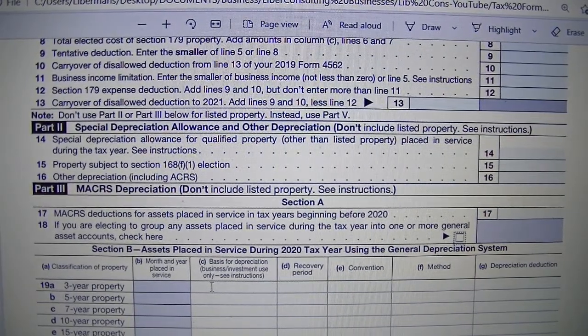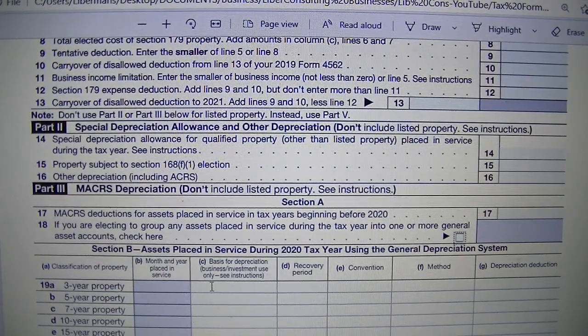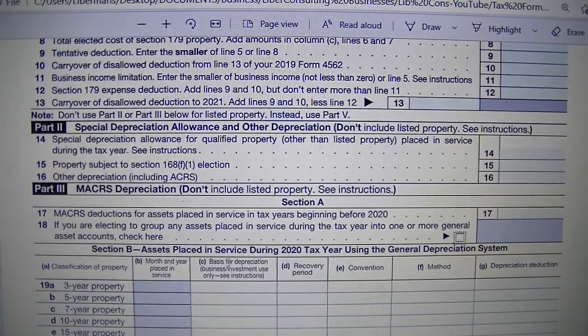If it's not used 100% for business, but is used more than 50% for business, that means it is probably listed property, and you claim section 179 on the business use portion, so you will use the business and investment use part of the cost minus the section 179 deduction that you took to come up with the basis for depreciation.